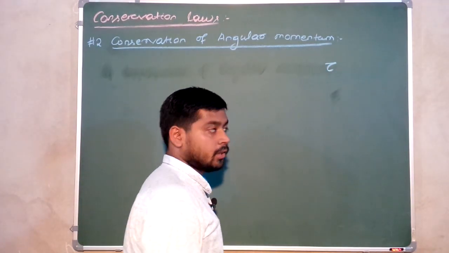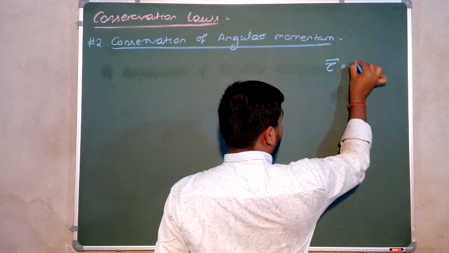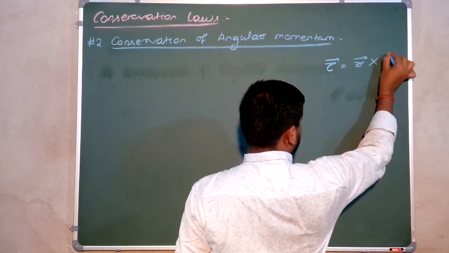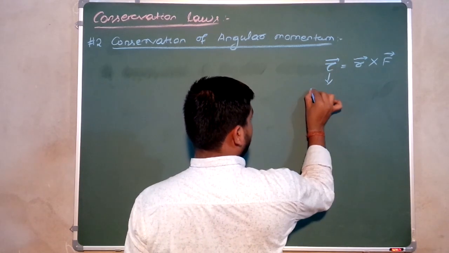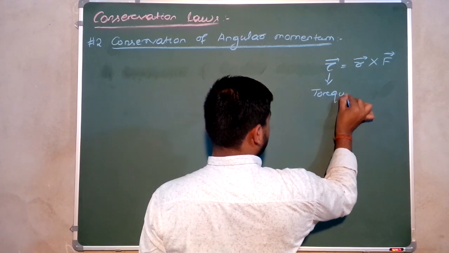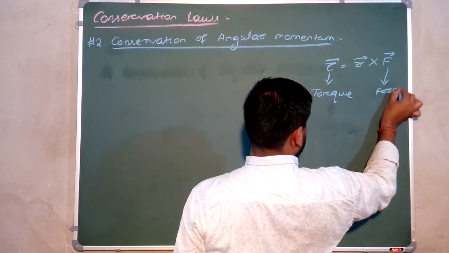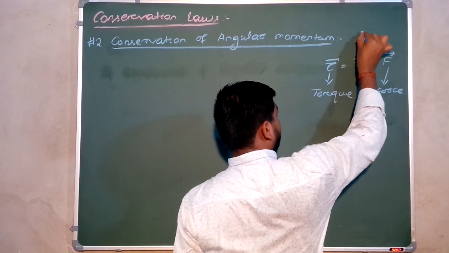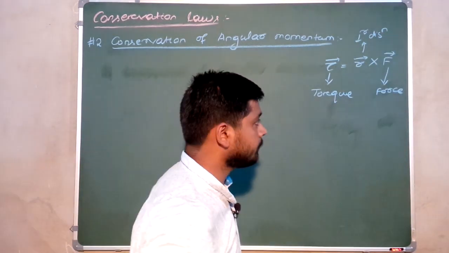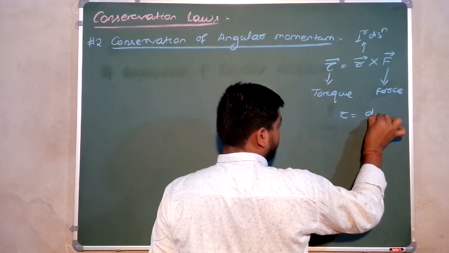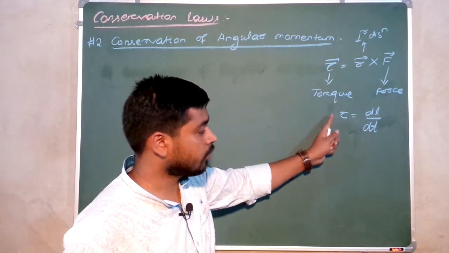Tau is called torque, a vector quantity, equal to r cross F. Tau is torque, F is force, r is the perpendicular distance, and another formula of tau is tau equal to dl by dt. Here we use these two formulas.